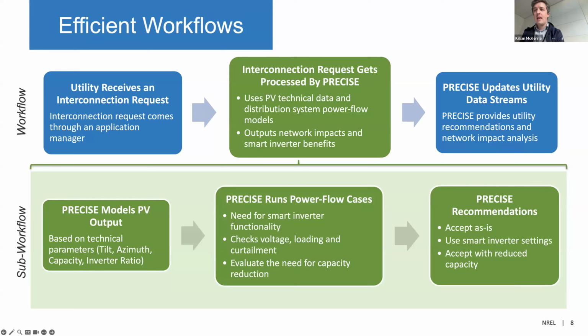And if we come across a network constraint, we evaluate the capacity that could be accommodated without the need for grid upgrades, which has been something that we've gotten a lot of positive feedback on.